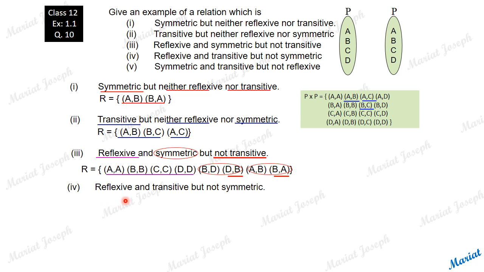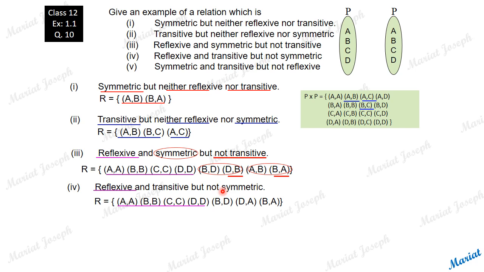Next, we want an example which is reflexive and transitive but not symmetric. Of course, for it to be reflexive, all the elements of the form AA, BB, CC, DD are placed. Reflexivity is maintained. Now, we want it transitive. Okay. BD and DA, then BA is also maintained. Transitivity okay.